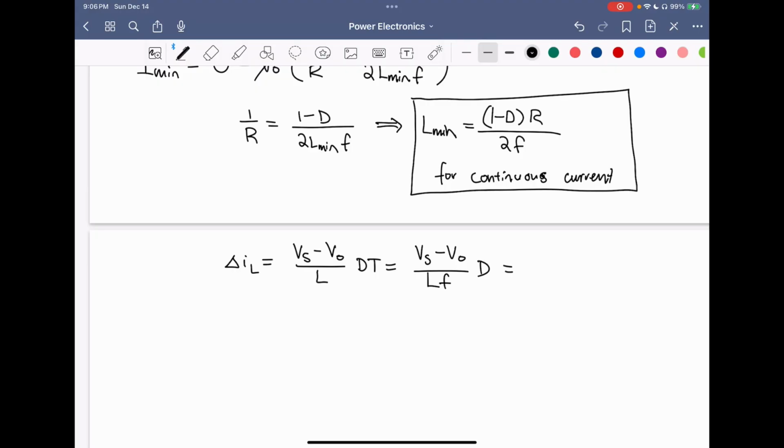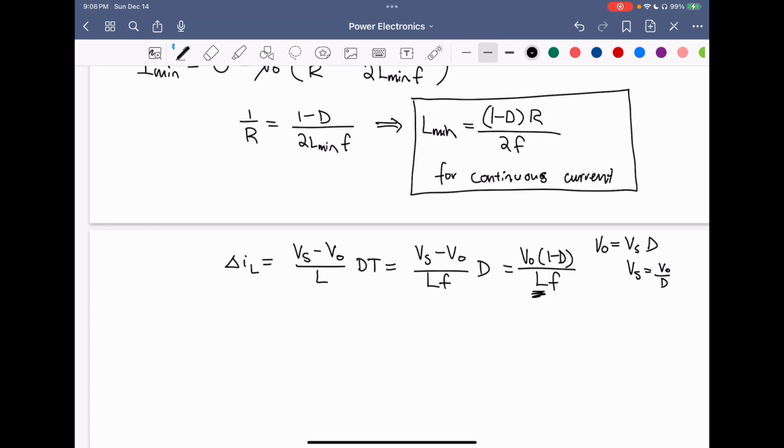And this also equals, if we substitute Vo equals Vs times d, so that Vs equals VO over D, VO times 1 minus D over LF.